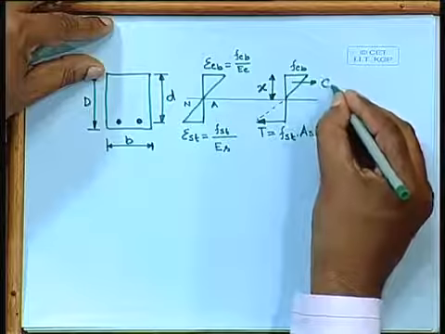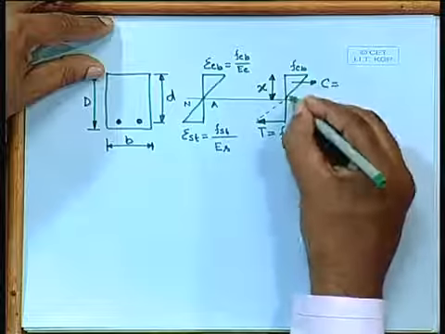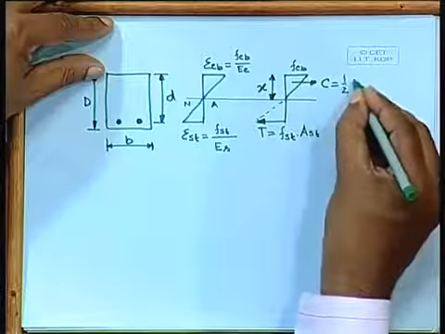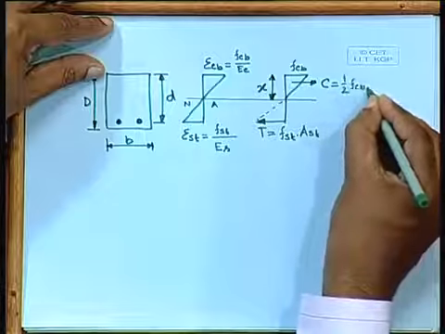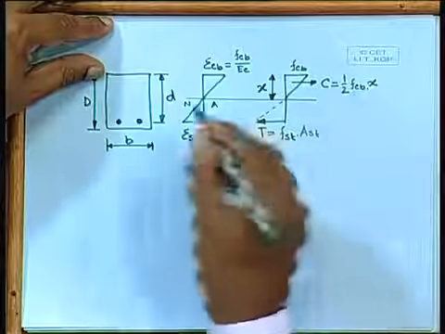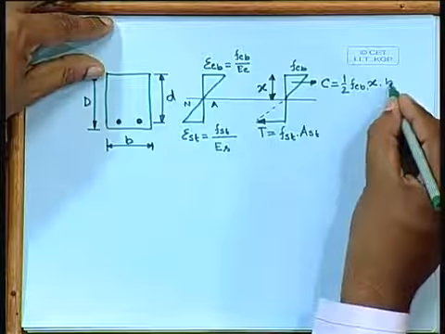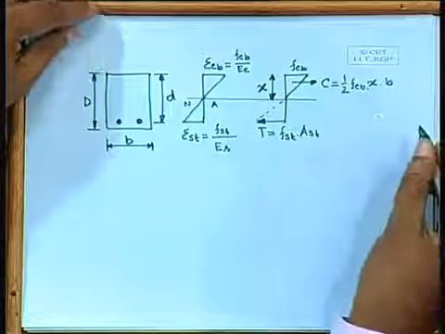So C equals the area of this triangle, half FCB times x, and we have a definite width also, B. Is it clear to you?